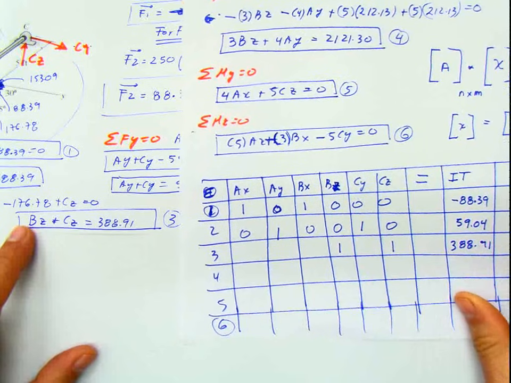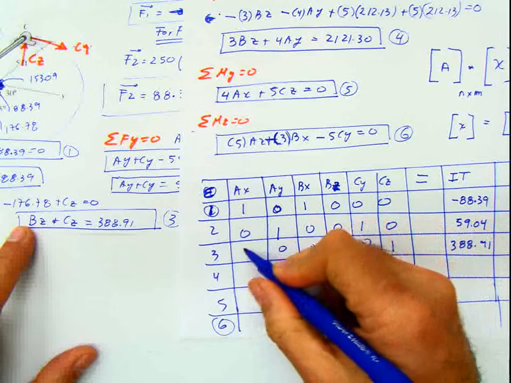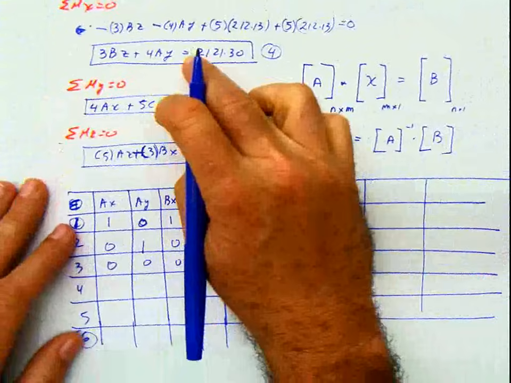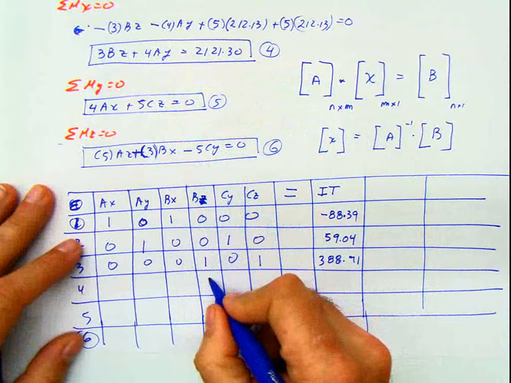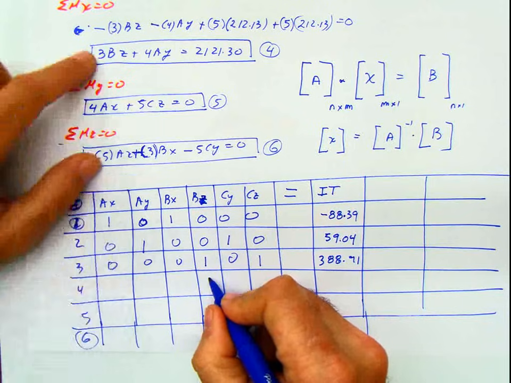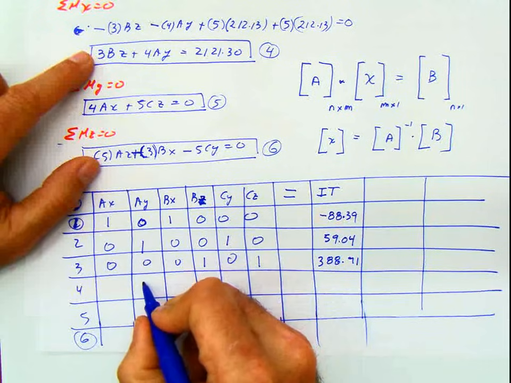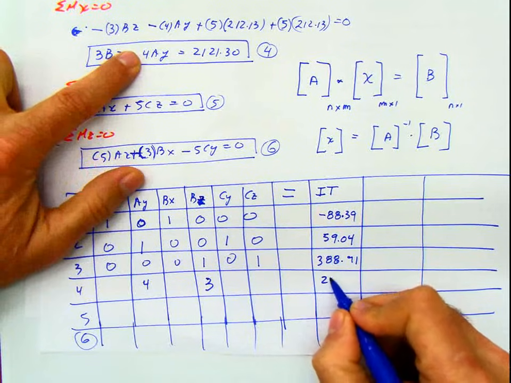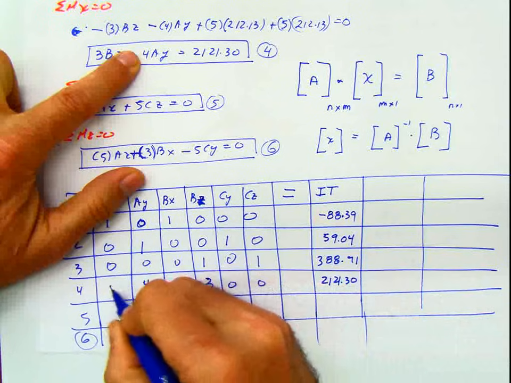And the rest of the coefficients are 0. My equation number 4 is right here. I have BZ is 3, AY is 4, and the independent term is 21.30. And the rest are 0, 0, 0, and 0.